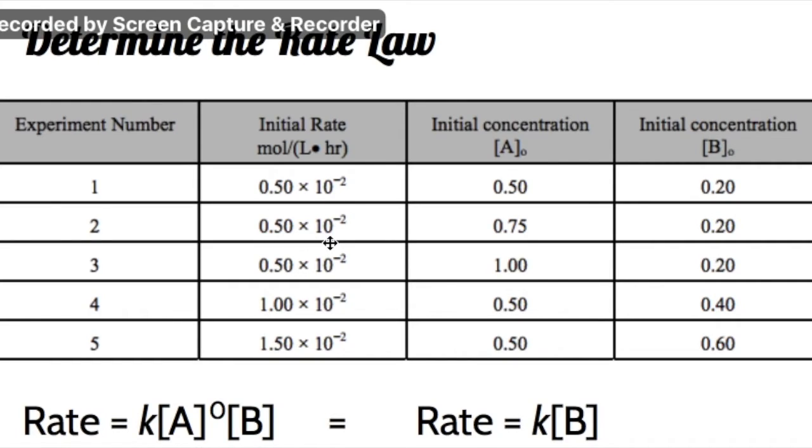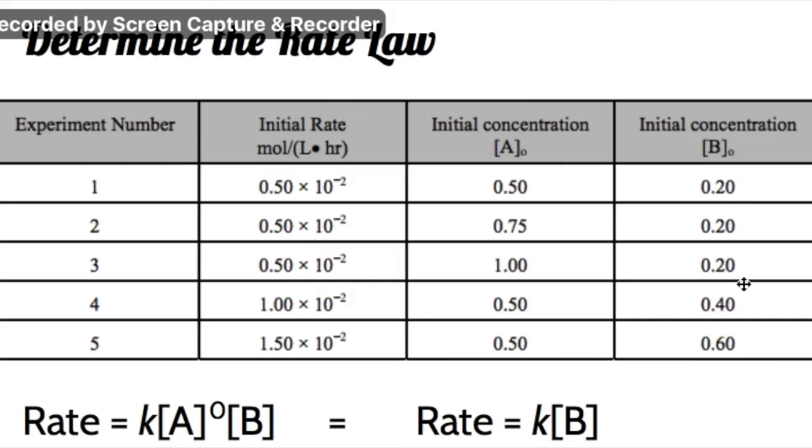So for this particular reaction, the concentration of A does not impact the reaction rate. The amount of A does not change the rate of the reaction. So A is raised to the 0th power or is just not there. Anything raised to the 0th power is 1, so it effectively eliminates A from the rate law. So you can write it like this or like this.